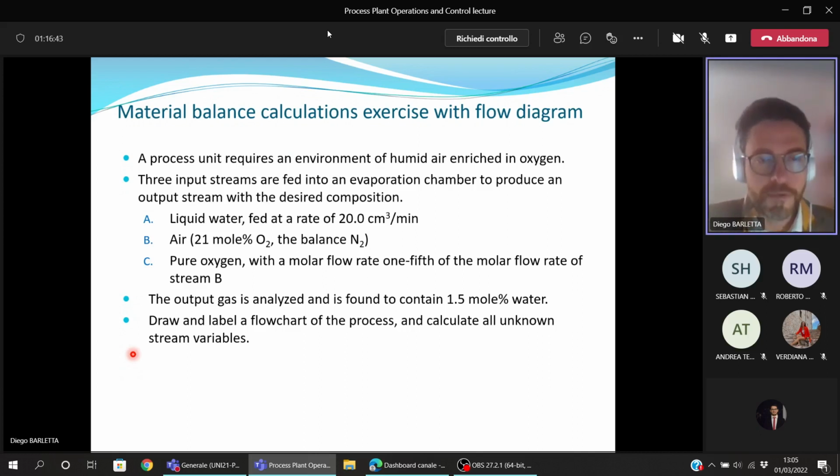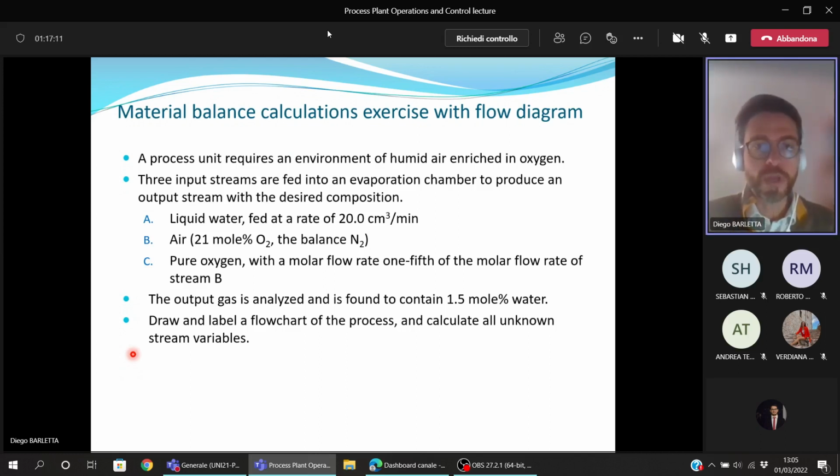Then we also have a piece of information regarding the output. The output gas is analyzed and found to contain 1.5 mole% of water. This is one way to express the humidity of the air leaving this evaporation unit.